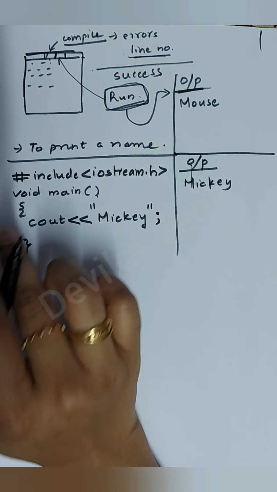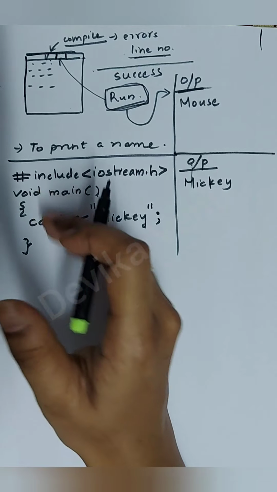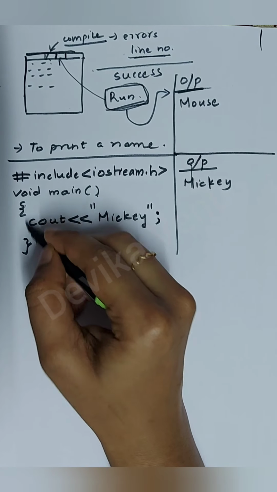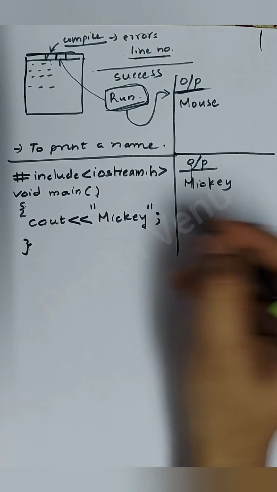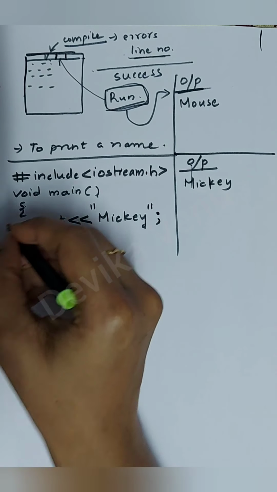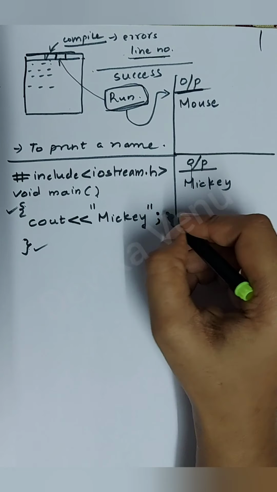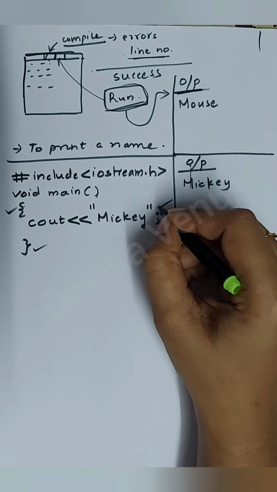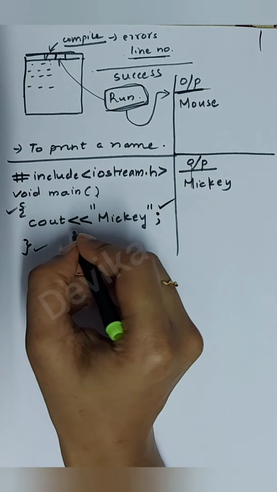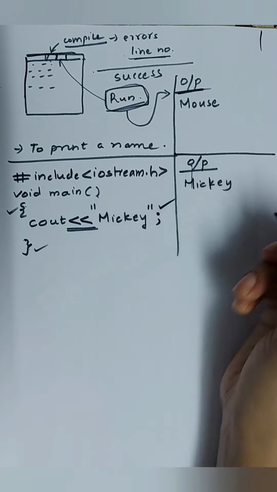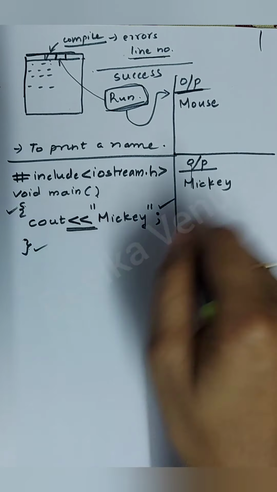So don't forget to write these braces, which means that whatever comes inside this opening and closing braces is part of the main function. That is the meaning. Also remember to end the line with the semicolon, and to write this operator after cout. I think this program is clear to you.